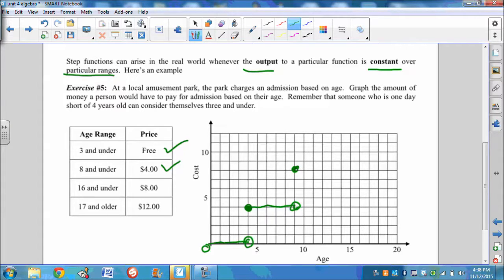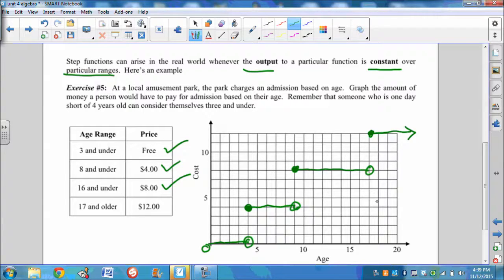So we've got 9, 10, 11, 12, 13, 14, 15, all the way up to 16, 16.5, 16 3/4. Oh, but on your 17th birthday, you're going to have to change that price. So therefore, it's not equal to, you don't pay $8 on your 17th birthday. You're going to have to jump up a price range, and you're going to pay $12. So 10, 11, 12 on your 17th birthday, and then to infinity, you're going to have to pay $12.